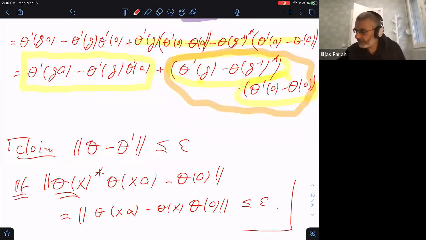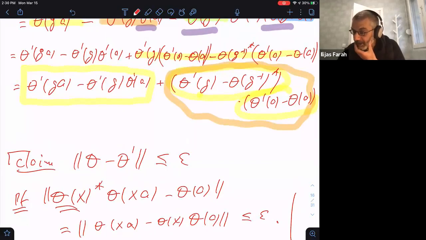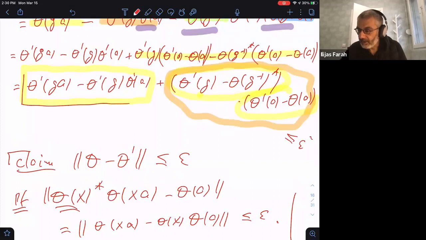As I said, I was never much into epsilons, but I just feel that I should go over this. Once we know that, this part is at most epsilon squared, and therefore this here, by the triangle inequality, is at most 2 epsilon.